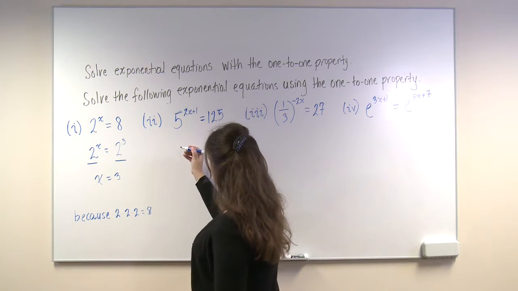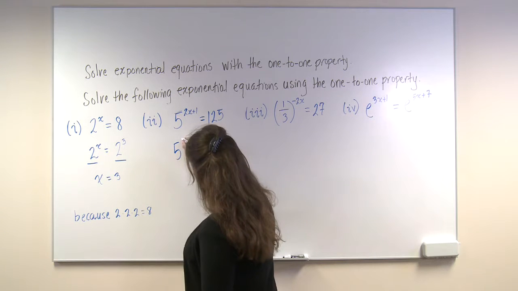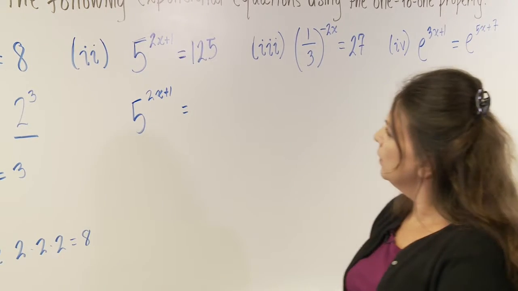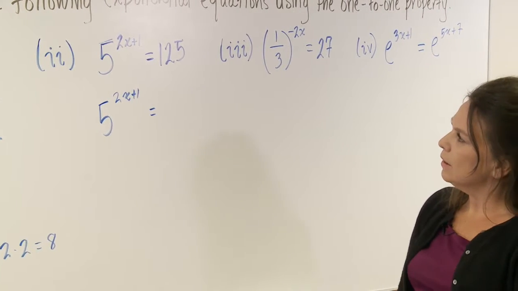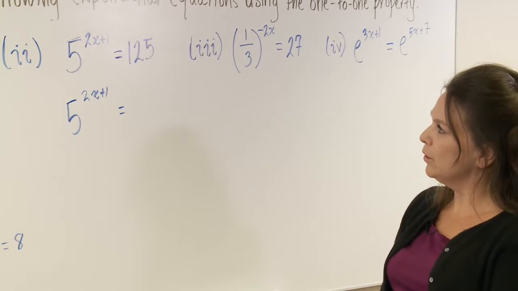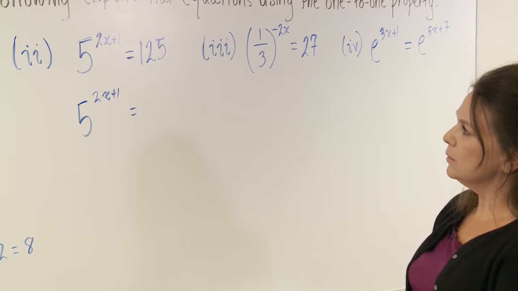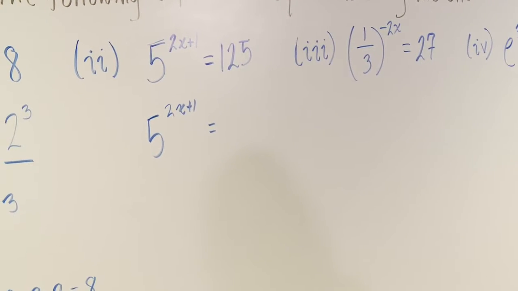For problem number 2, we have 5 raised to the 2x plus 1. On the right-hand side, we have the value of 125. So I'm going to try and rewrite this with a base of 5.